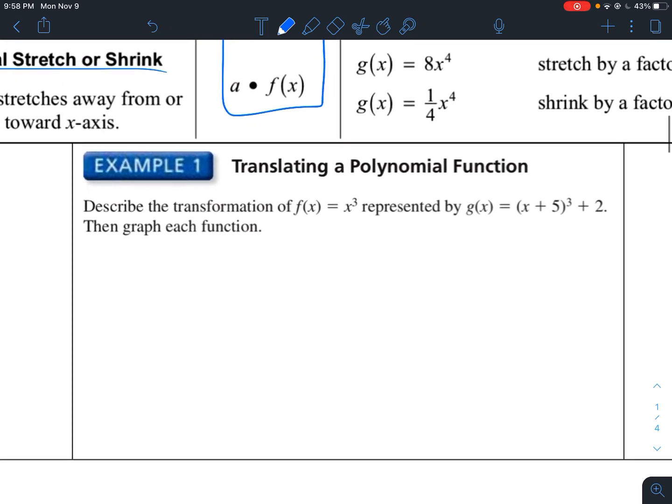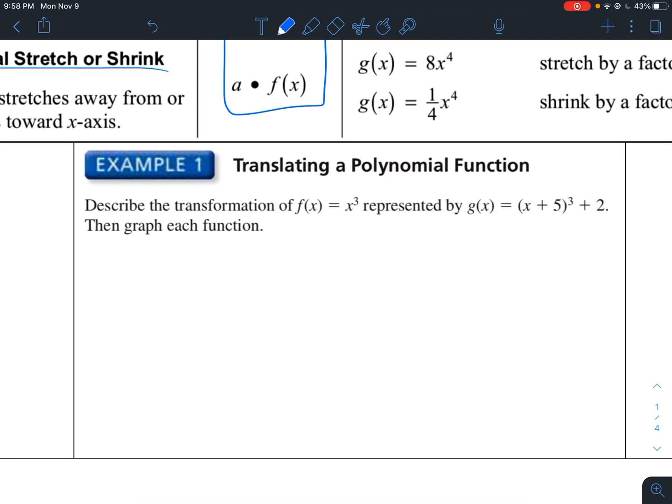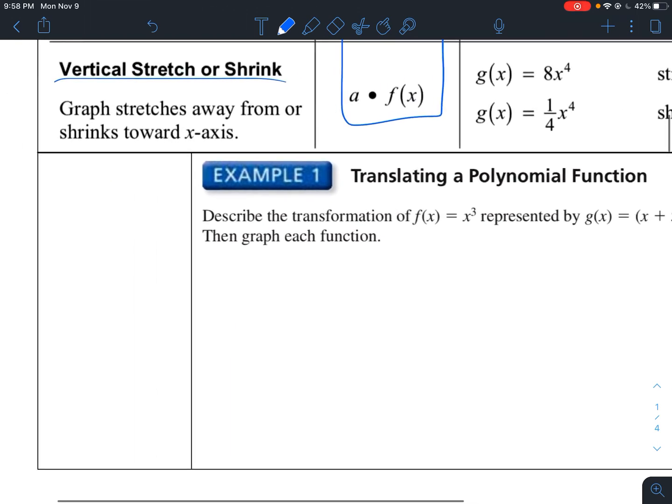have here. So it wants us to describe the transformation from f of x equals x cubed, which is the parent function of the x cubed function, represented by g of x, which is this right here. It wants us to graph. So you notice that this is a cubic function in a vertex sort of form, except that a cubic function doesn't really have a vertex.